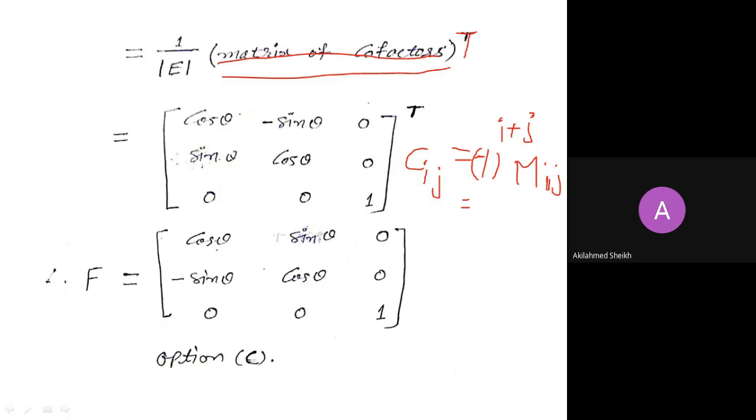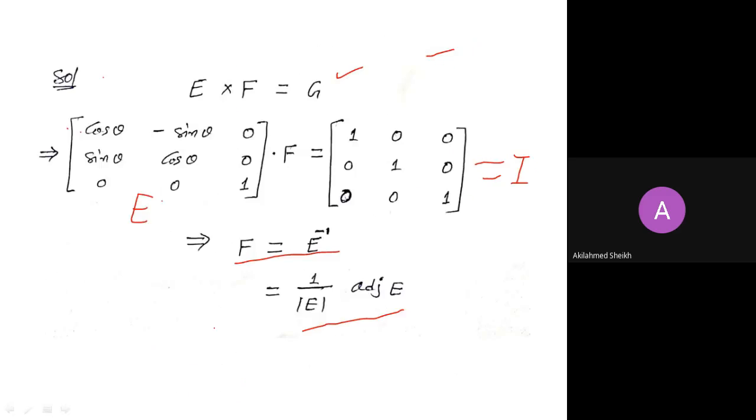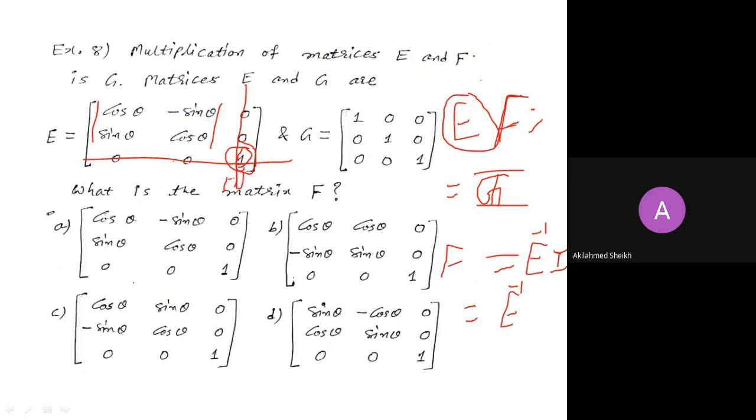We get cos theta, minus sin theta, 0; sin theta, cos theta, 0; 0, 0, 1. This is the correct answer, and the option is C.